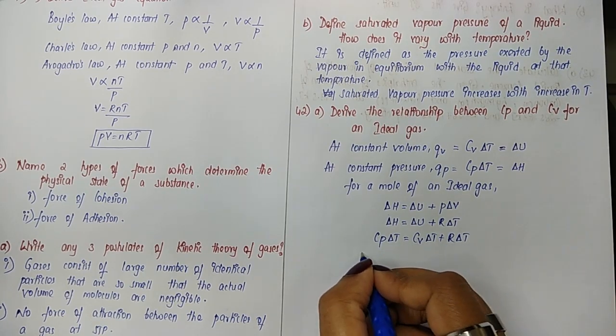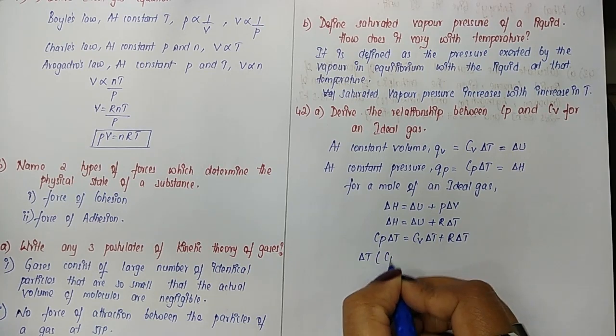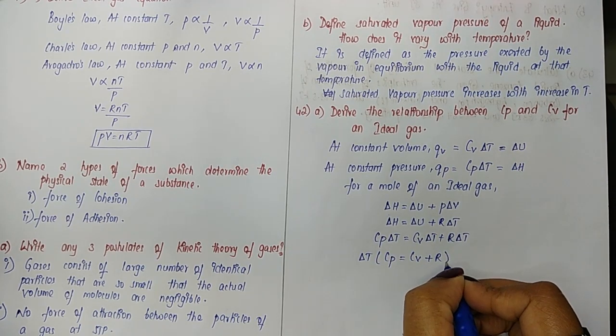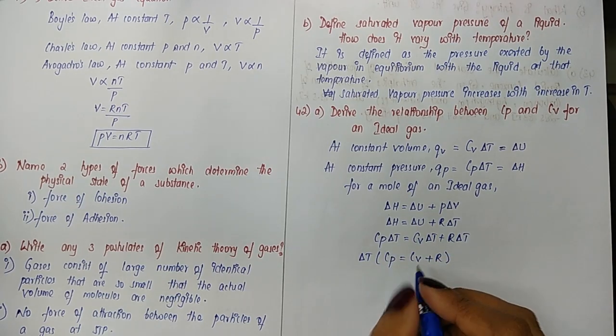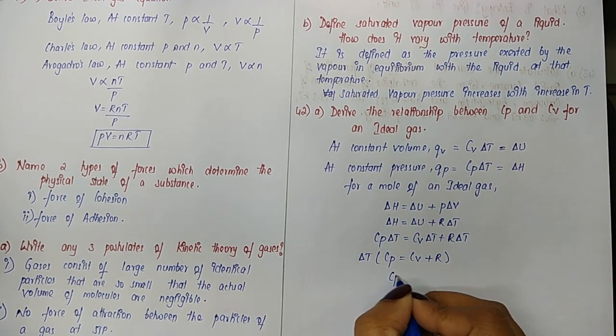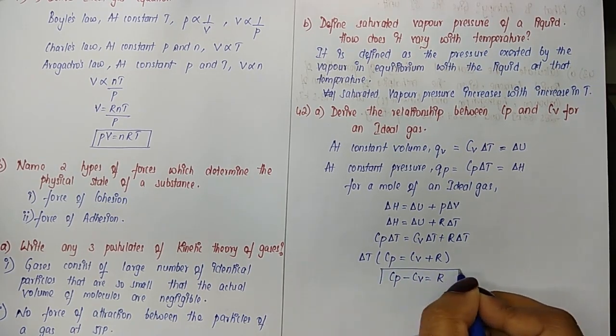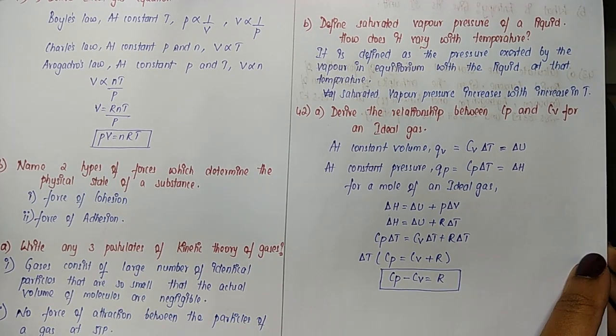Delta T is common. So let's take that out and you will get Cp is equal to Cv plus R. Now here we can just rearrange this equation, Cp minus Cv is equal to R. This is showing the relationship between Cp and Cv.